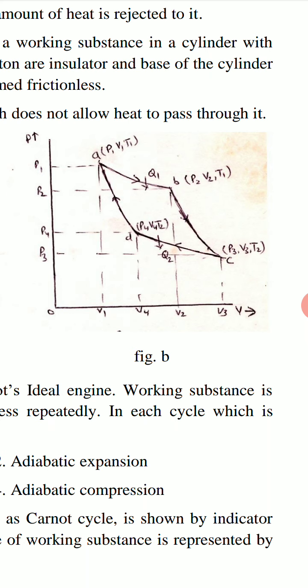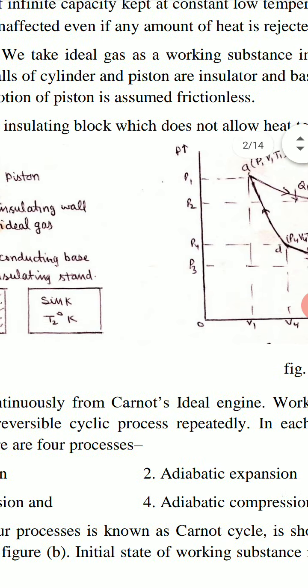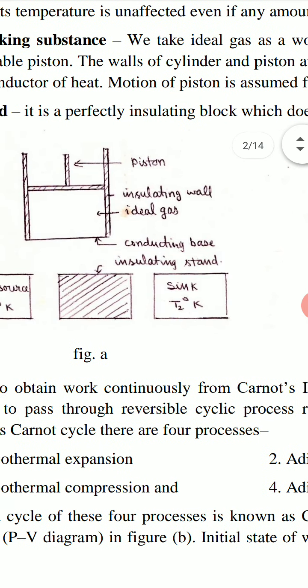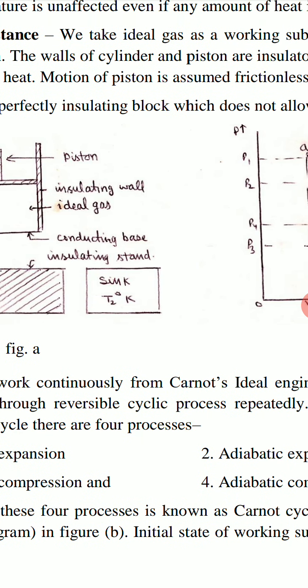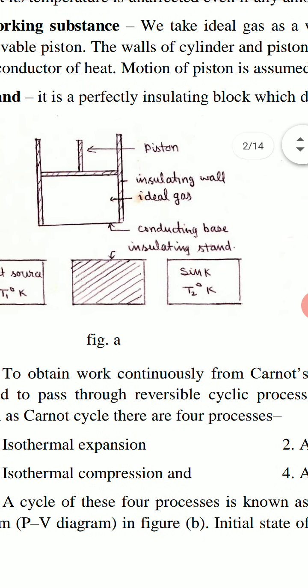Other two processes are isothermal compression and adiabatic compression. CD, third process, is isothermal compression. For this process, this cylinder is put on sink of temperature T2 degree Kelvin, and now we compress the gas. Piston is moved down.